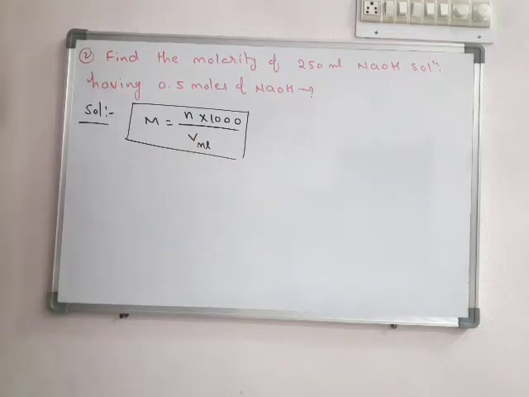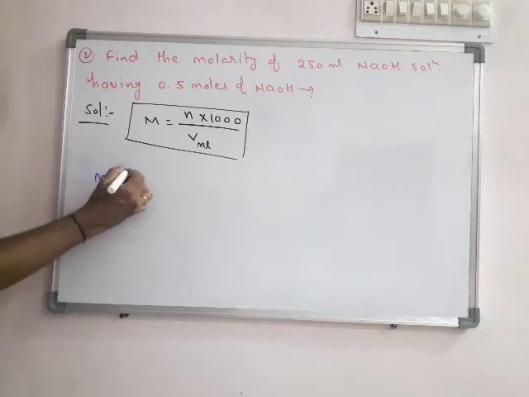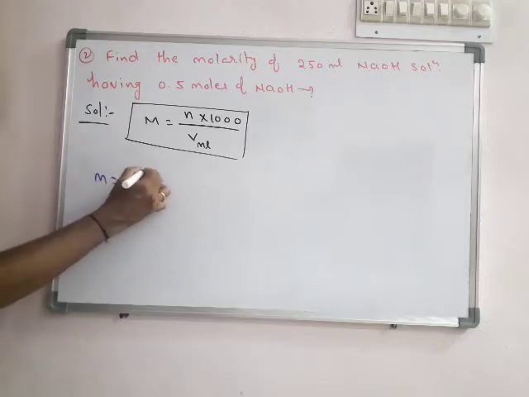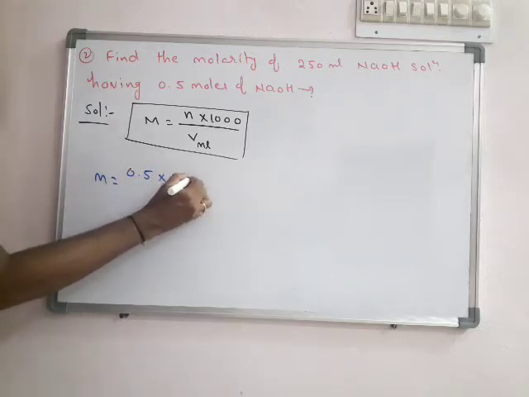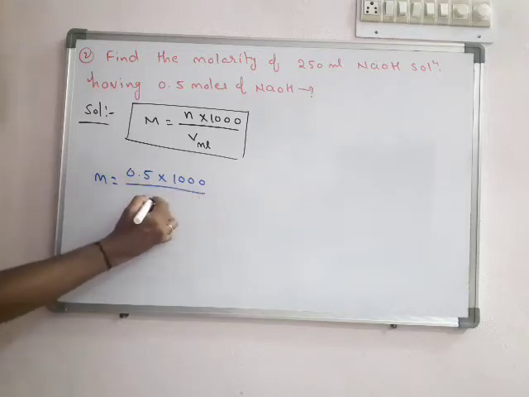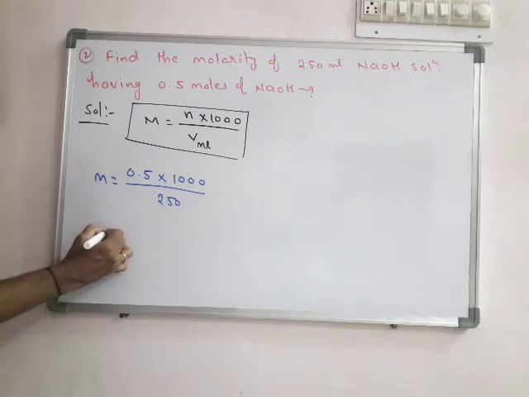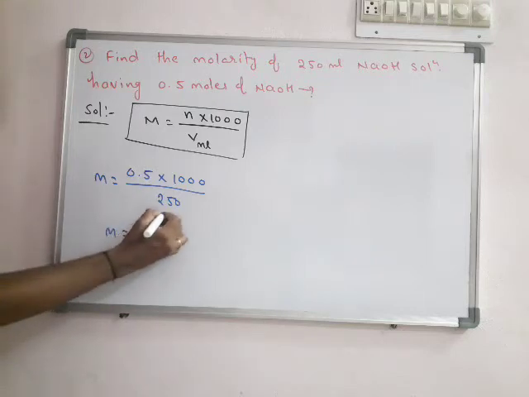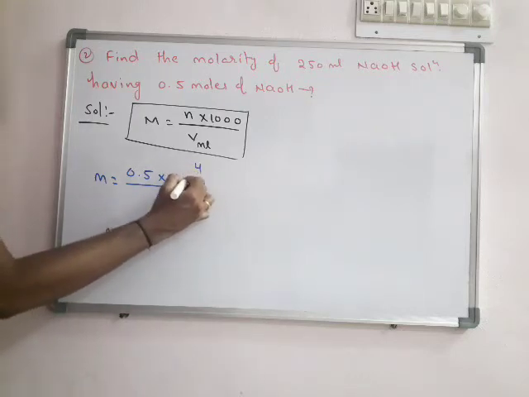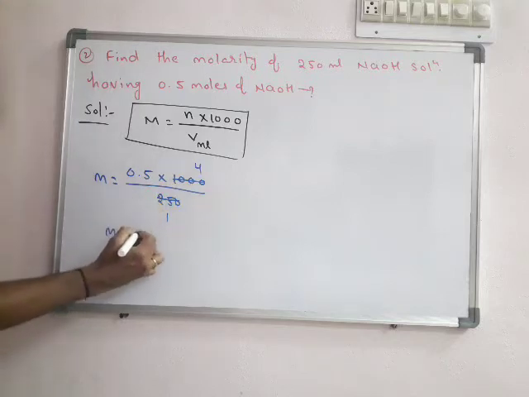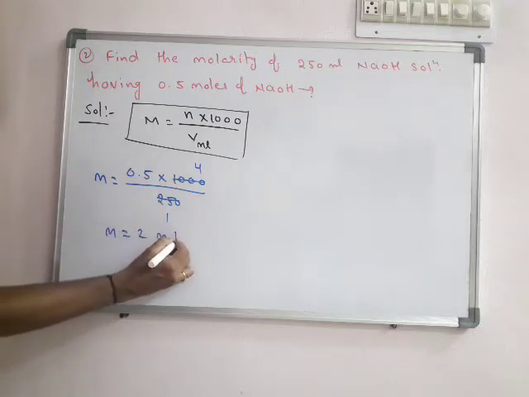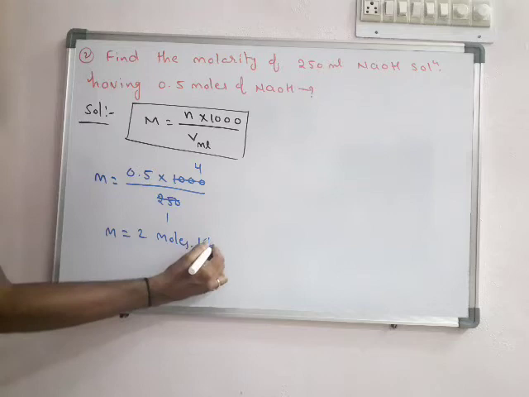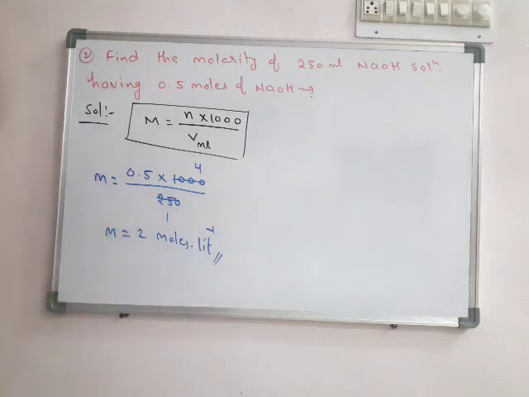These formulas are important here. The number of moles is 0.5 and the volume is 250. So the molarity is 2, that is 2 moles per liter.